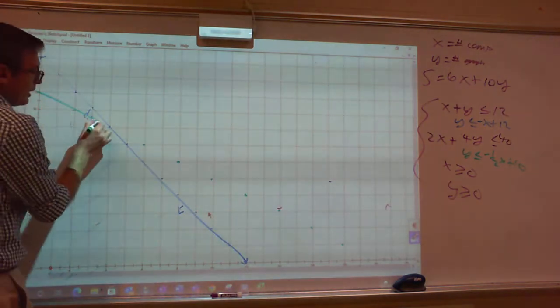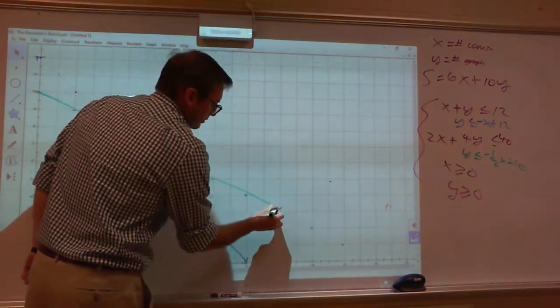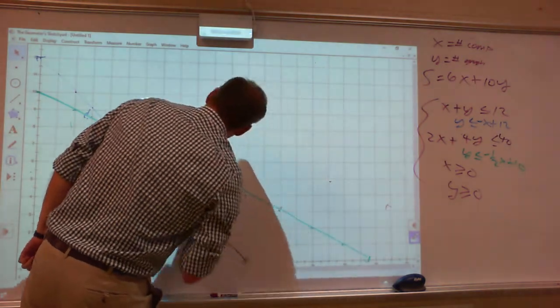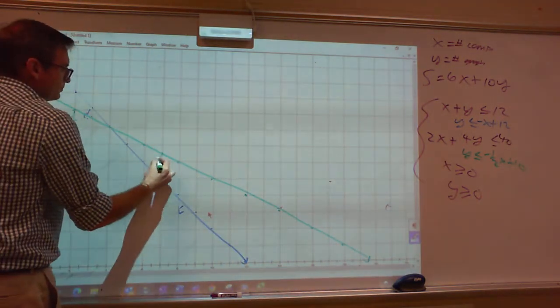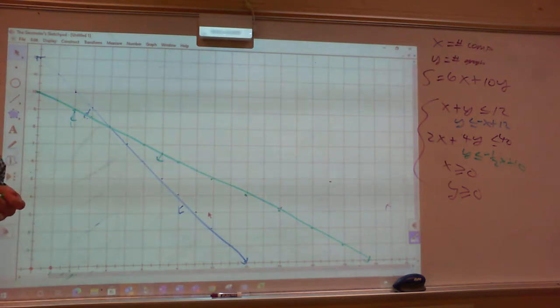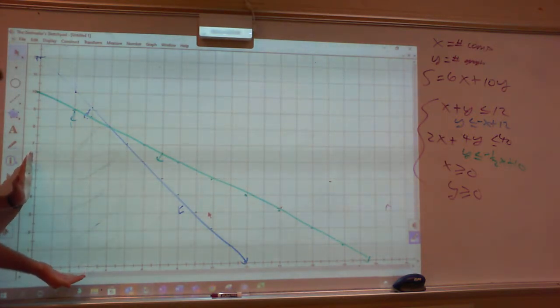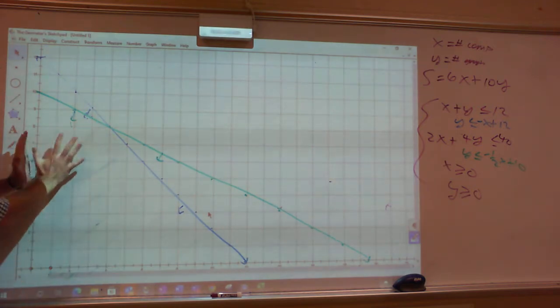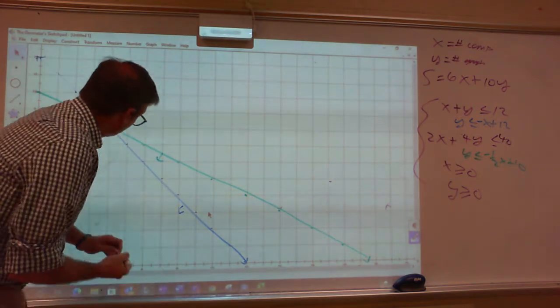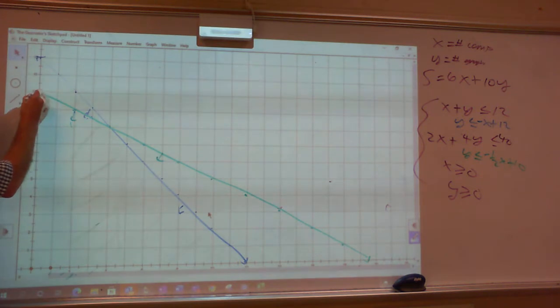And I'm going to draw my line. And I'm going to shade down. Now, this combined with x greater than 0, y greater than 0, this is my region. I'll draw that.